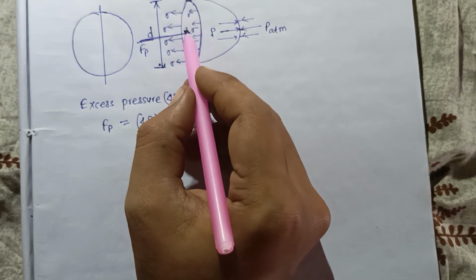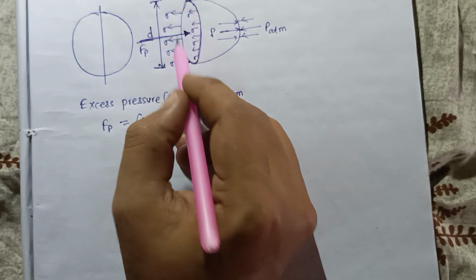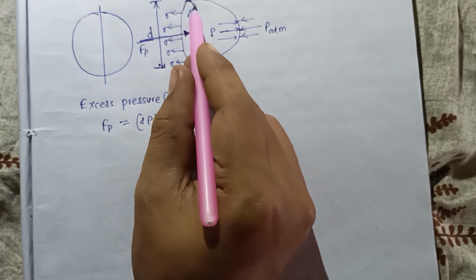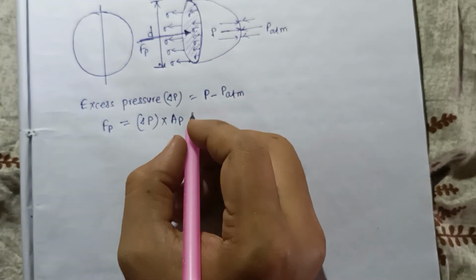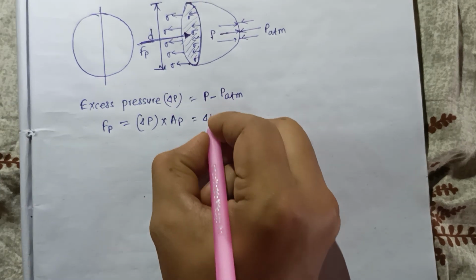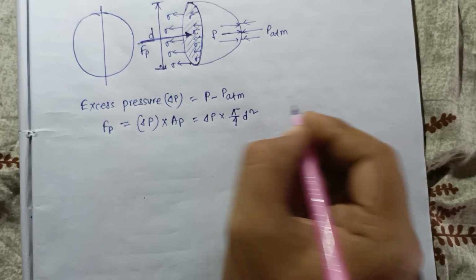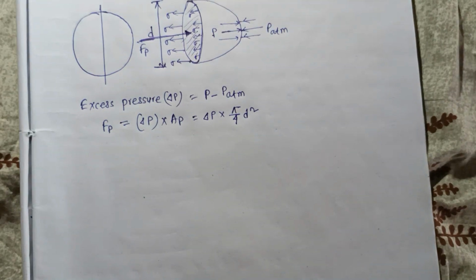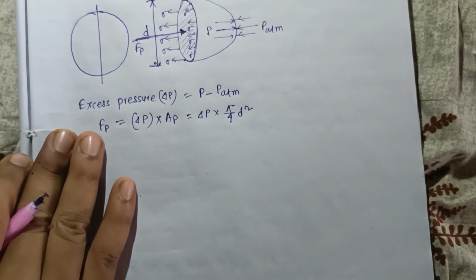If the diameter is d, what is the area? Pi by 4 d square, since area equals pi r square and r equals d by 2.